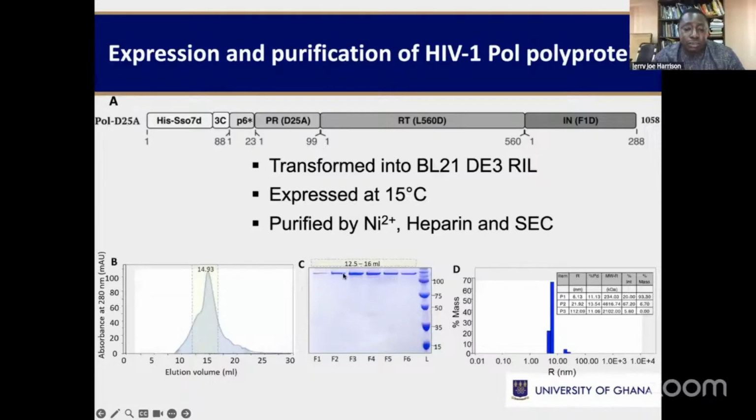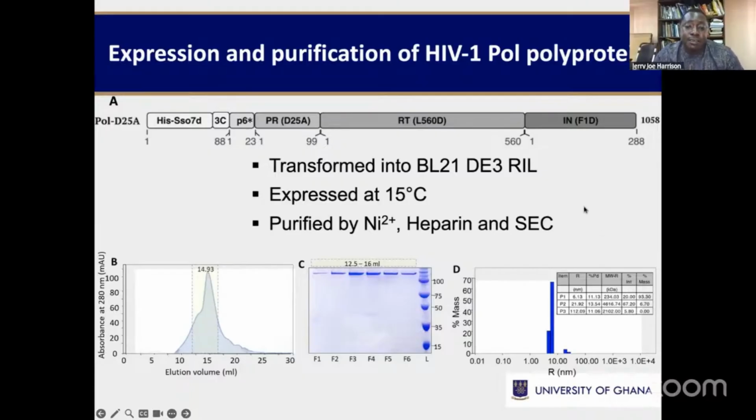The protein looked very nice on the gel, and the DLS experiment corresponded to what the gel filtration was saying. Most of the peaks had a molecular weight around 234, which is about 93% of everything there. Our construct had a molecular mass of about 120 something, so clearly a dimer would get you close to the 234 that we had.